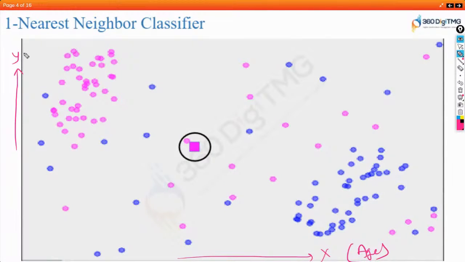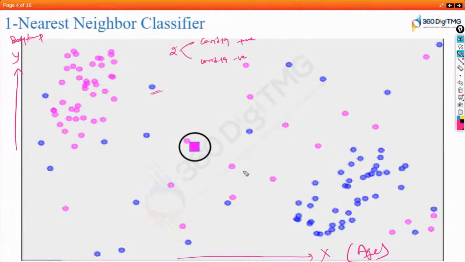And on the y-axis, let's say body temperature. And we have 2 categories, pink class and blue class. Let's assume that these are COVID-19 positive and COVID-19 negative.